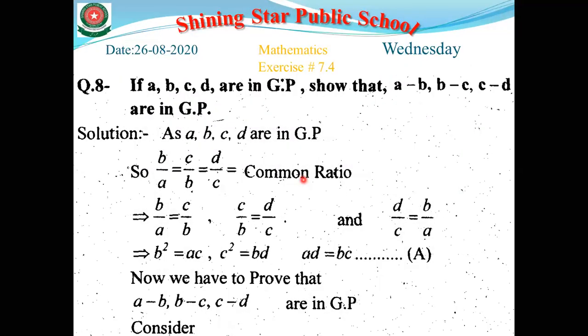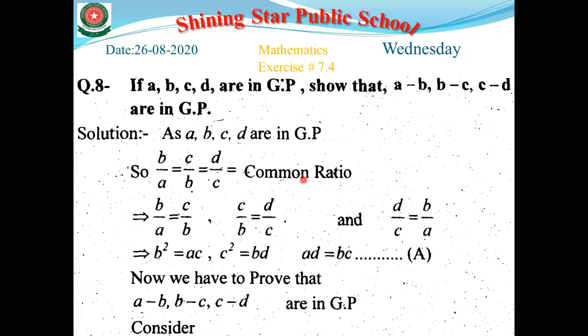Now the question number 8. If A, B, C, D are in GP, show that A minus B, B minus C, C minus D are in GP. Okay, in this question we have a statement. Let's suppose 4 digits A, B, C, D are in GP, means geometric progression.